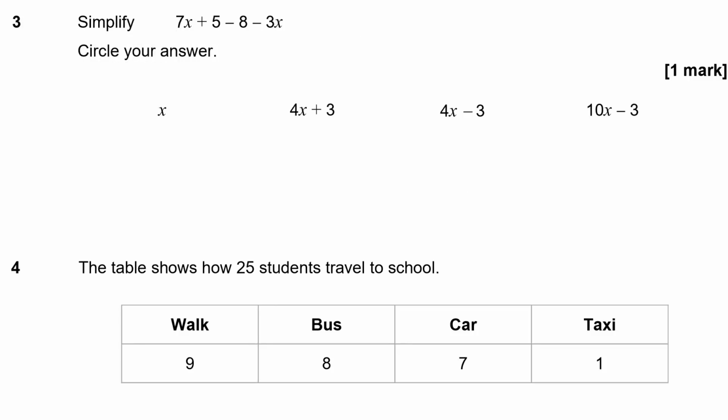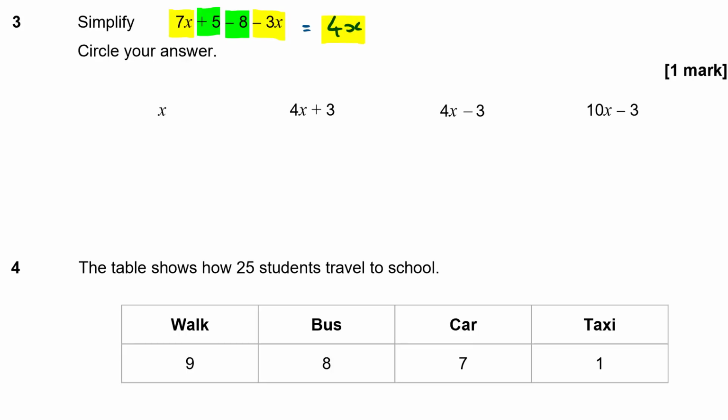Question 3. Simplify 7x plus 5 minus 8 minus 3x. Okay, so basically we just need to collect like terms here. So I've got 7x, which is like 3x, and I've got 5, which is like 8. So if I highlight them like that, hopefully it's a bit clearer to see then that 7x subtract 3x is 4x.